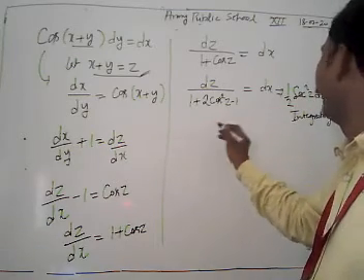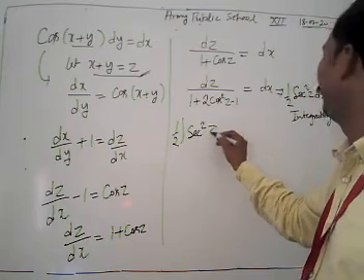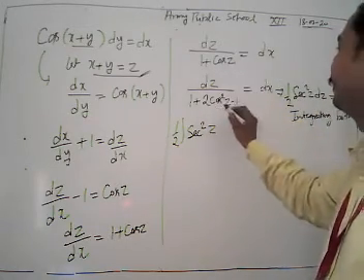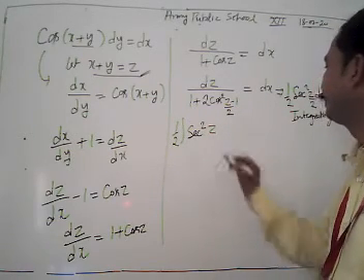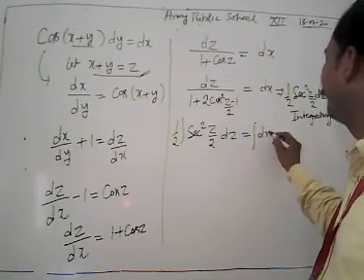Then we have 1 by 2 sec square (z/2) dz equal to integration of dx.